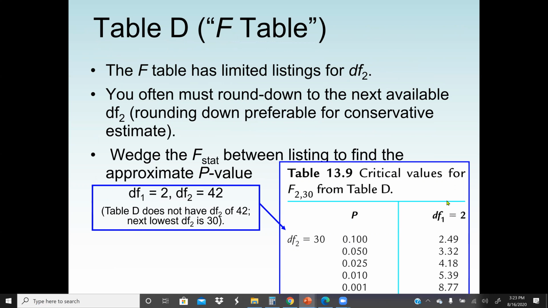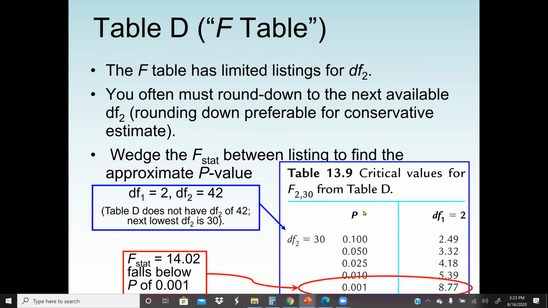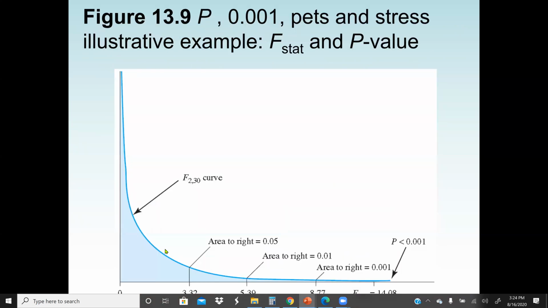This is a critical value for F2,3 from table D. Here we have the value F 14.02, and we can see how the p-value is illustrated down here. When the p is less than 0.001, you can see that again the rate is way down.